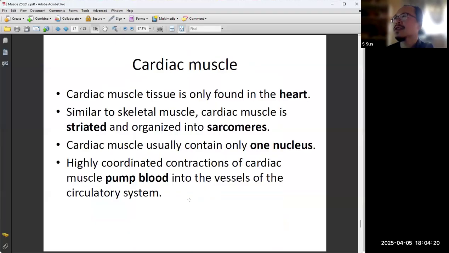So this slide shows you the summary of the cardiac muscle, which is the muscle that constructs our heart. This muscle is also a striated muscle, just like skeletal muscle. And with the striation, we now know that this striation is because the thin filaments and the thick filaments are aligned very well.